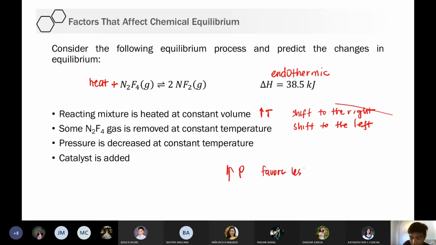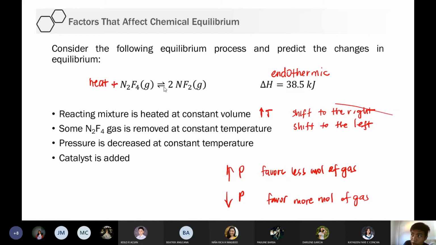A decrease in pressure will favor more moles of gas. So increase in pressure will favor the side of the reaction with less mole of gas, and decrease in pressure will favor the side of the reaction with more moles of gases.